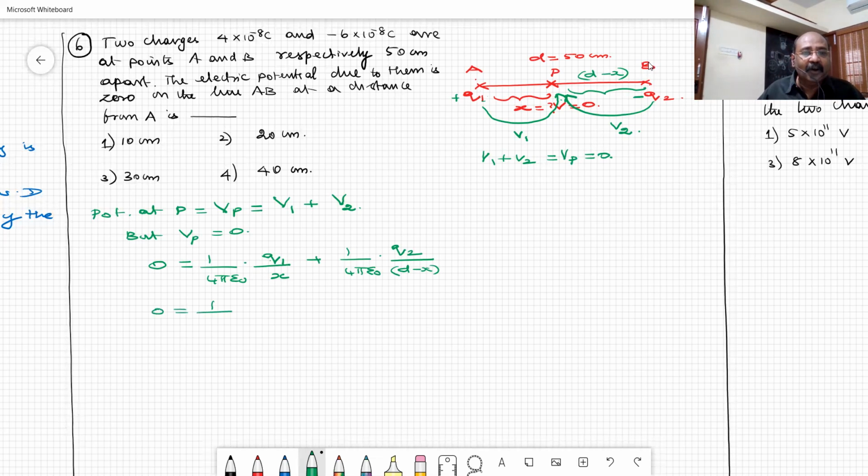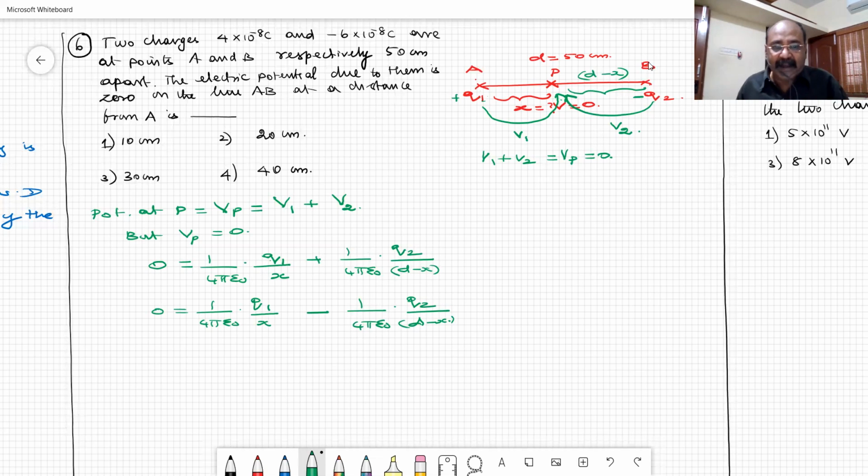So I can write 0 equal to 1 divided by 4 pi epsilon 0 into positive charge Q1 divided by x. Here, since the charge is negative, I am putting minus of 1 divided by 4 pi epsilon 0 into Q2 divided by d minus x, because the potential due to a negative charge is negative.